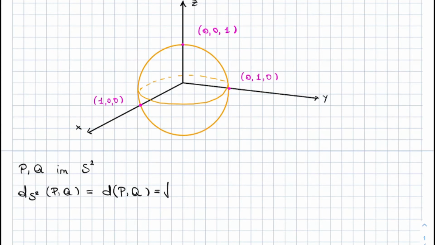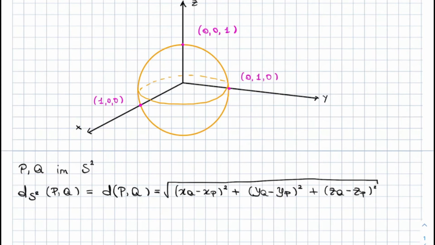So it's once more given by the square root of (xq minus xp) squared plus (yq minus yp) squared plus (zq minus zp) squared. What does this mean geometrically?